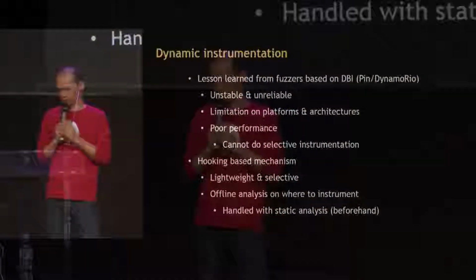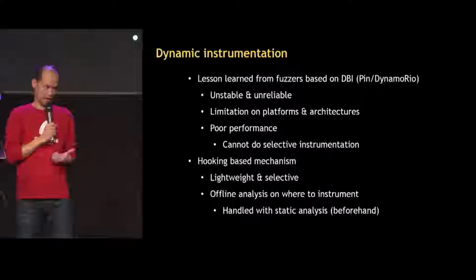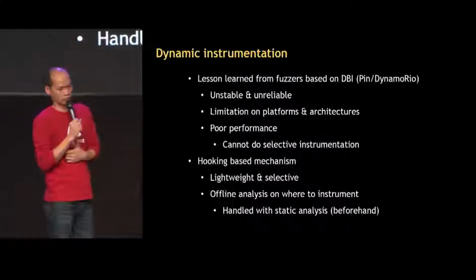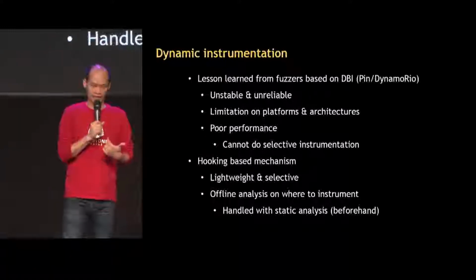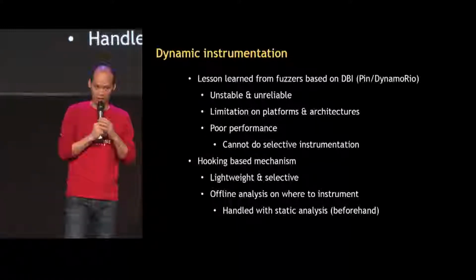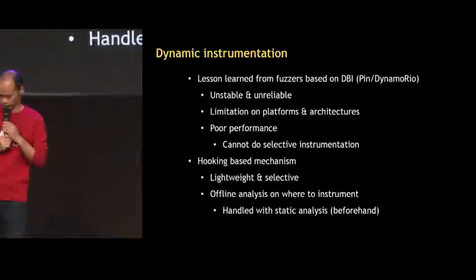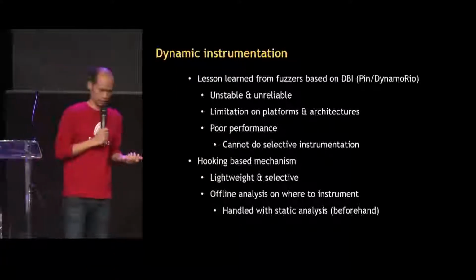Instead of instrumenting the whole program, you can choose to instrument only the part you want to focus on, unlike a DBI like Pin or DynamoRIO. But there's something you have to pay: you have to do offline analysis before you can instrument, so we know where to instrument. And that's what was already explained.